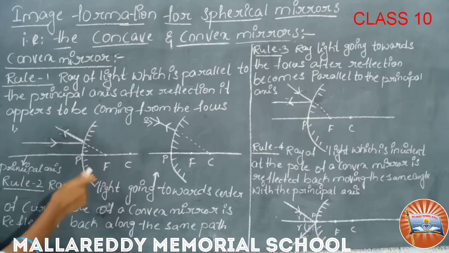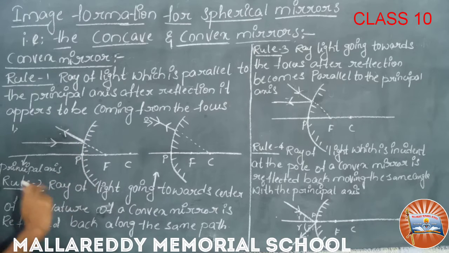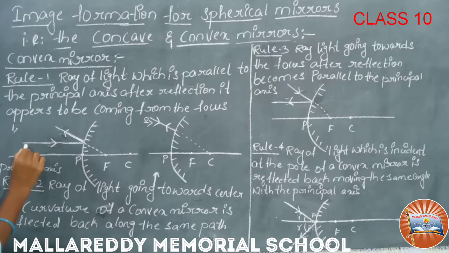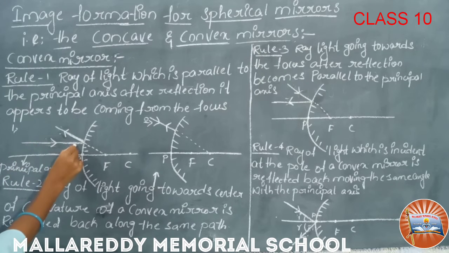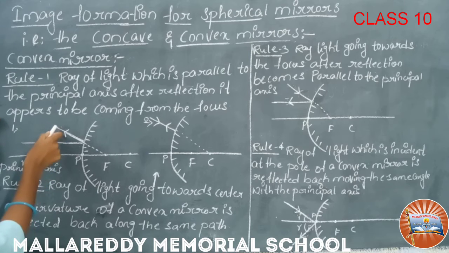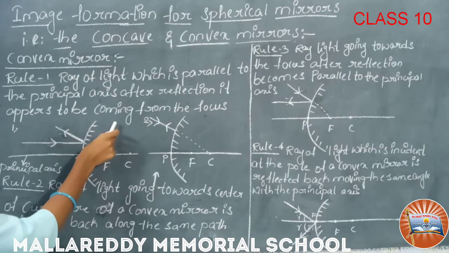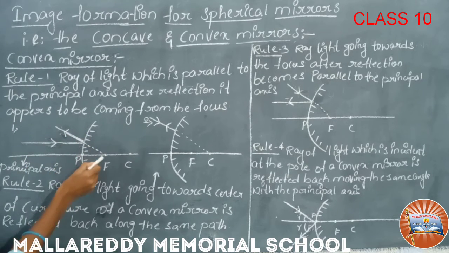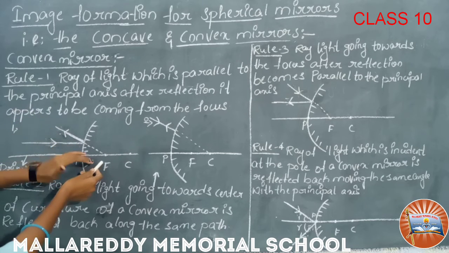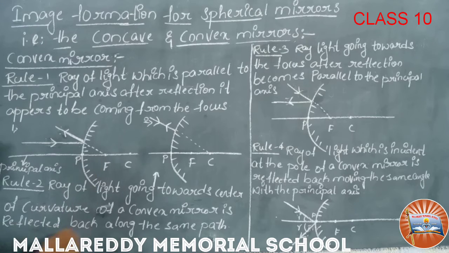This is coated inside and polished outside. That means the reflecting side is outside. So when the light ray is incident on the mirror, the reflected ray appears to be coming from the focus. So the incident ray is parallel to the principal axis. This is rule 1.